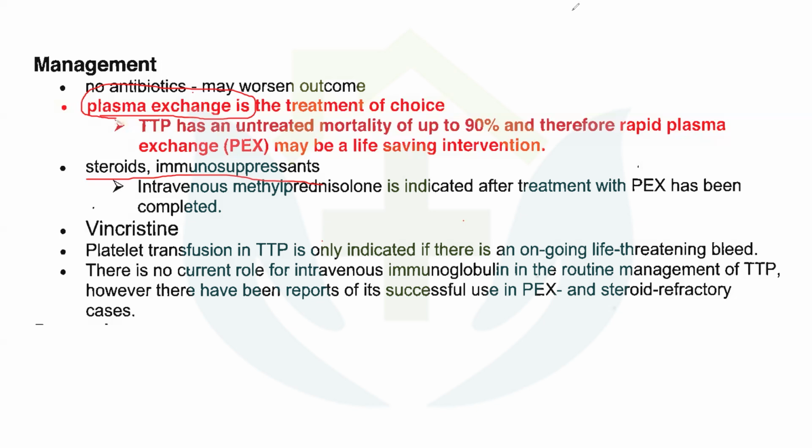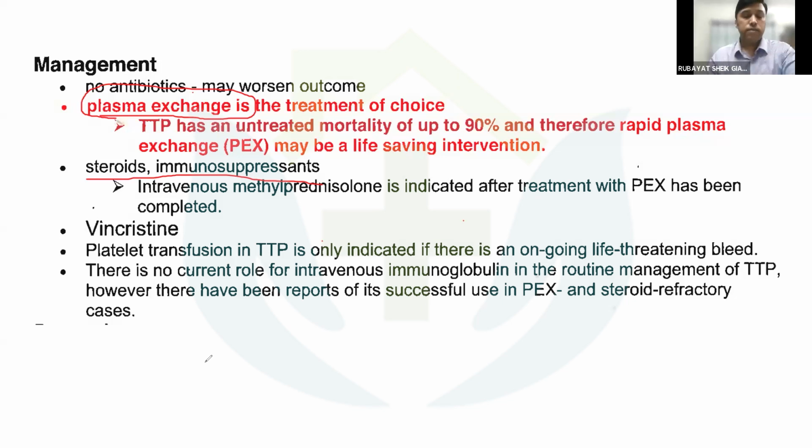I can't hear you, sir. Yes, please ask your question. In TTP, there is anemia, and you have written this microangiopathic hemolytic anemia. What's the mechanism of causing this anemia? I'm not clear about that.